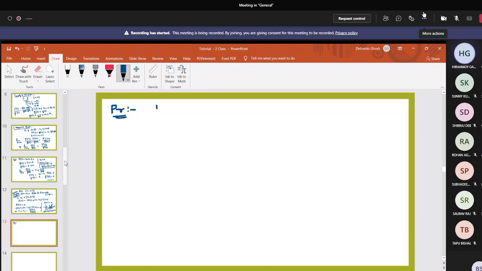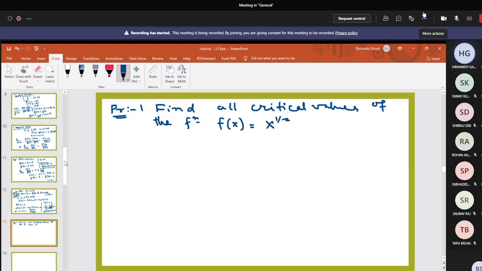Find all critical values of the function f(x) = x^(1/3)(x - 3)^(2/3).